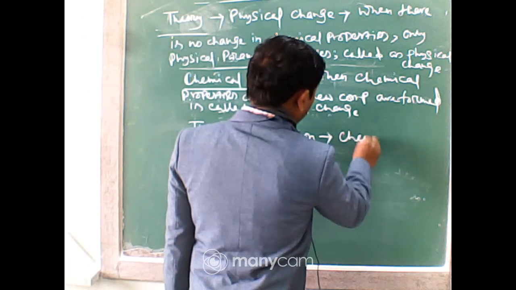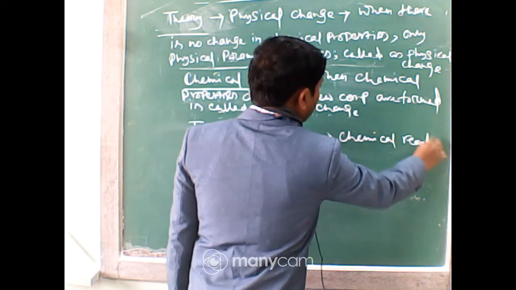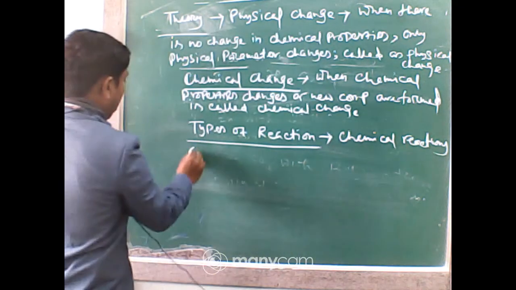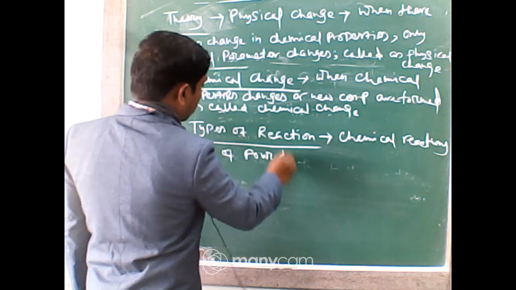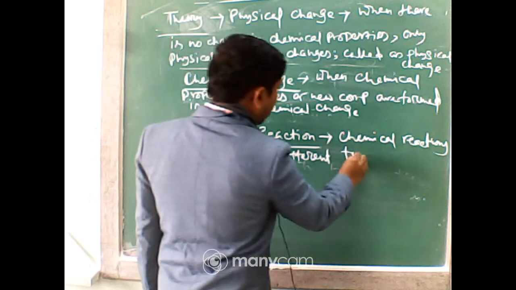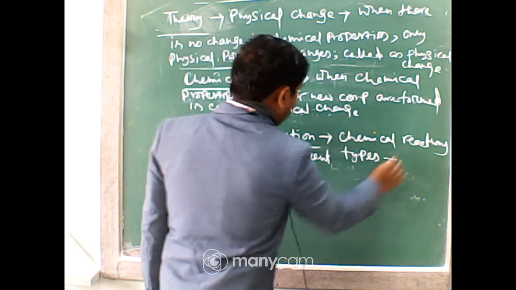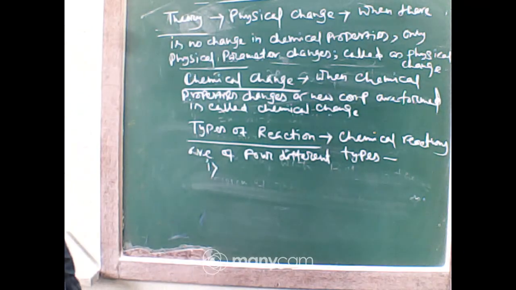Chemical reactions are of 4 different types. Number 1 is combination.